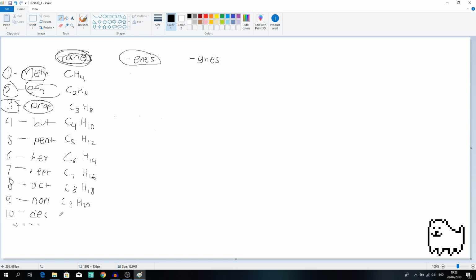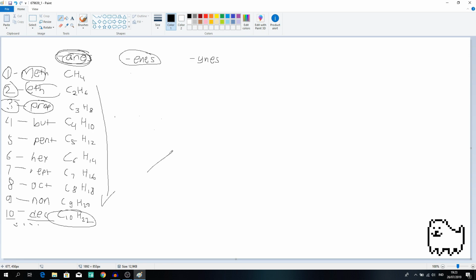C9H20 and C10H22. Cool. Let's try to draw a decane just to see if this pattern is correct, just to prove it to you.